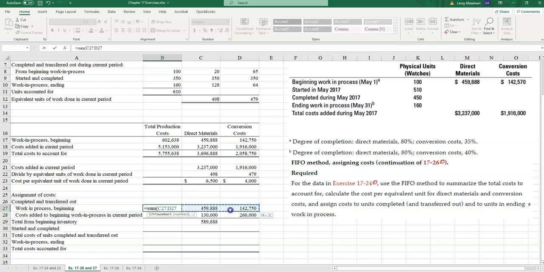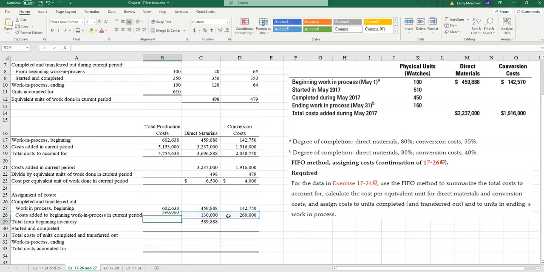So now we're going to account for our beginning work in process inventory of $602,458, work that was done last period. And to that, I'm going to add the work done to beginning inventory this period. And how much was the work I did this period?